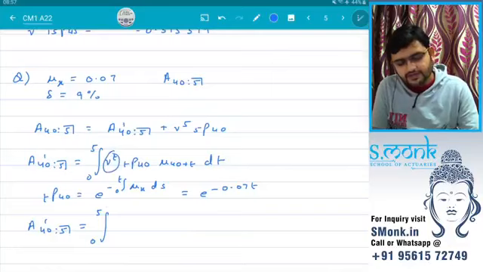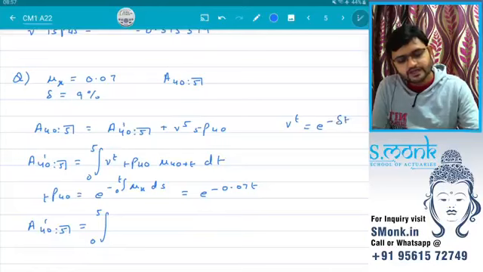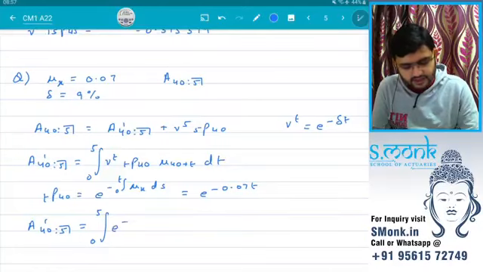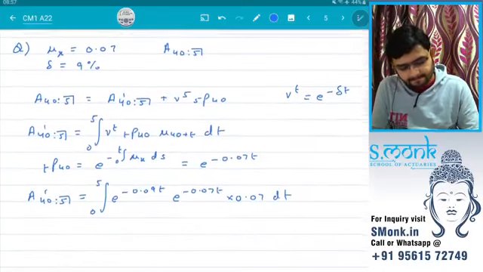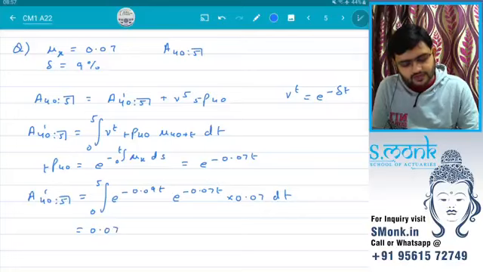I can write v raised to t in terms of delta. We know v raised to t is just e raised to minus delta t. So e raised to minus 0.09 t, then this is tpx, e raised to minus 0.07 t, and mu is just 0.07. So 0.07 comes out and I will have integration 0 to 5 of e raised to minus 0.16 t dt.